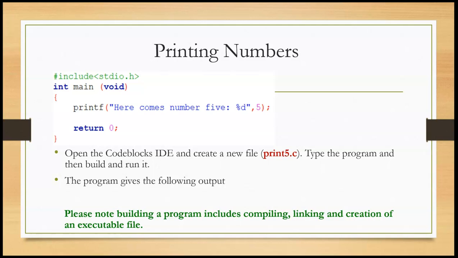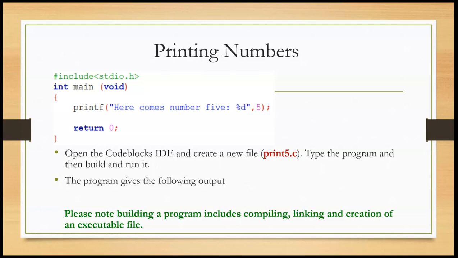Now open the CodeBlocks IDE and create a new file. Let's call it print5.c. Since it is a small program, you don't need to create a project. Simply create a source file, type in the program, then build and run it.